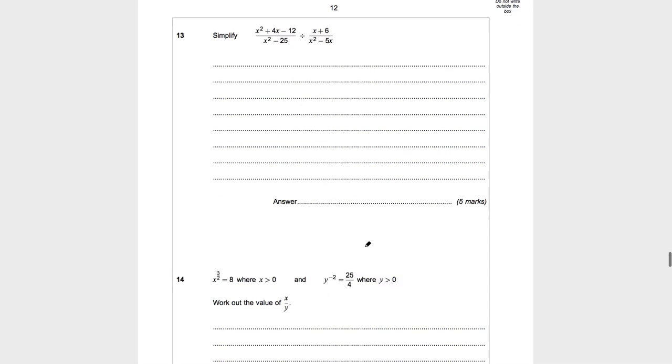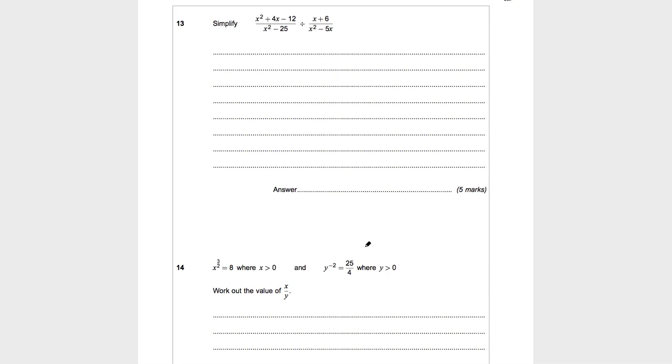Simplify this. This is like a GCSE question, but we're expected to factorize, so always factorize first with this. Look at the things that are easy to factorize. That one, difference of two squares, need to spot that. So first of all, I'm going to rewrite this bit by bit.